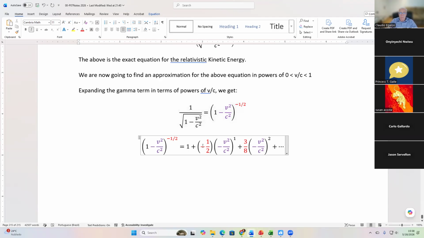Okay? Minus half. This minus half comes from here. We get minus v squared over c squared, which comes from here, first power. Then we get another term, 3/8, that comes also from here. And then we have v squared over c squared to the second power, and so on.